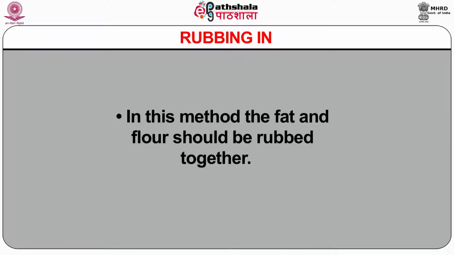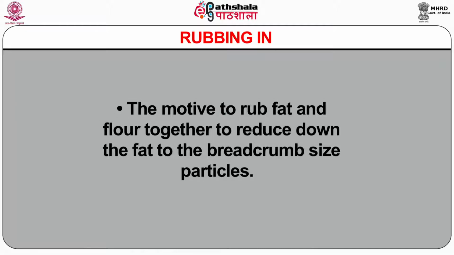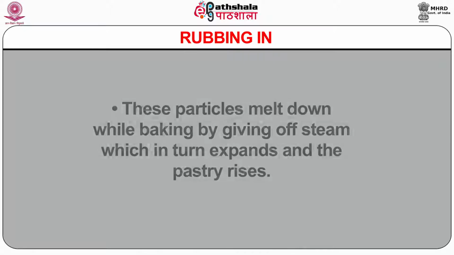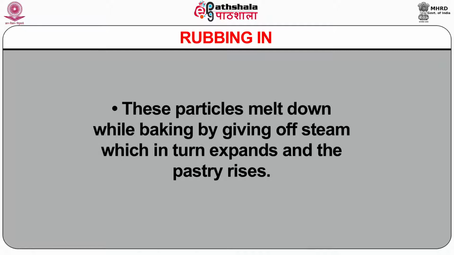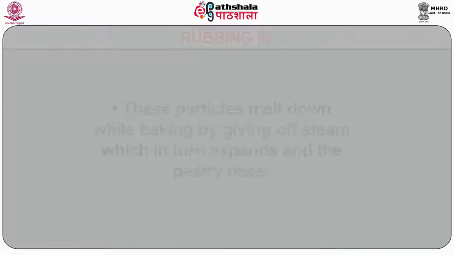In this method, the fat and flour should be rubbed together. The motive is to reduce the fat to breadcrumb size particles. These particles melt down while baking by giving off steam, which in turn expands and the pastry rises.